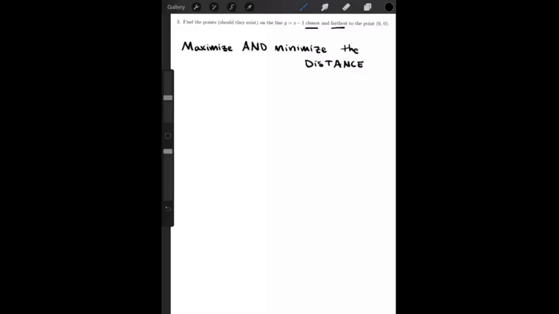Now, this might be a blast from the past, but the distance function is the square root of the difference between the first coordinates squared plus the difference between the second coordinates squared.